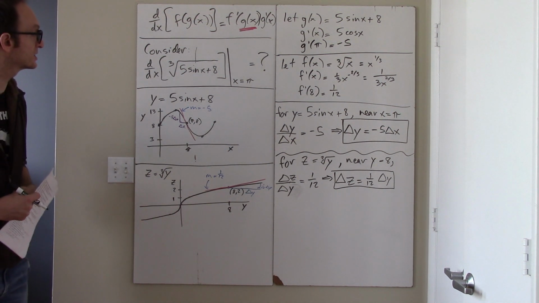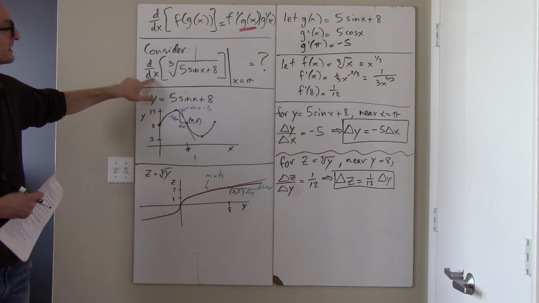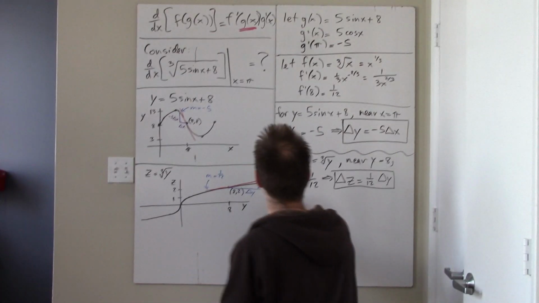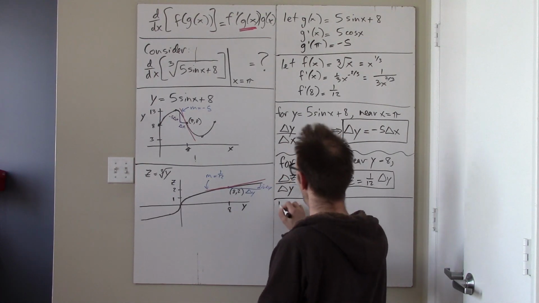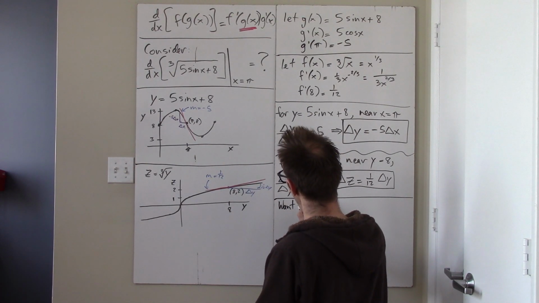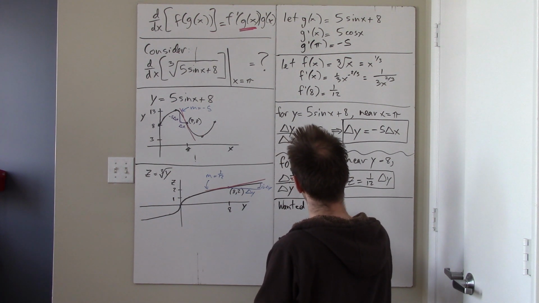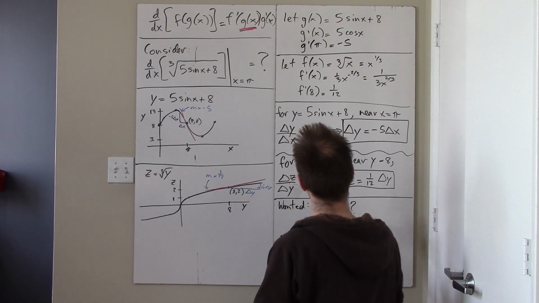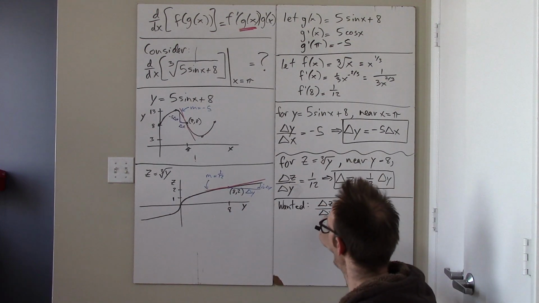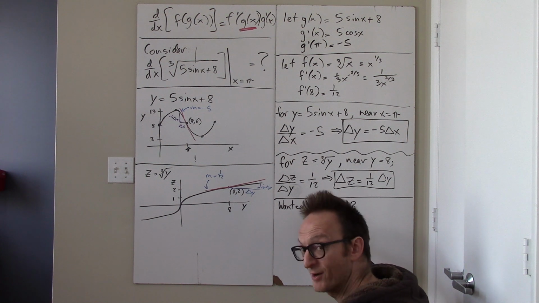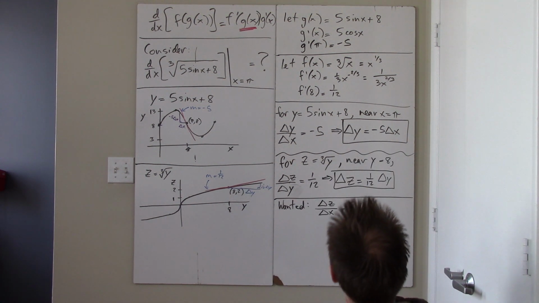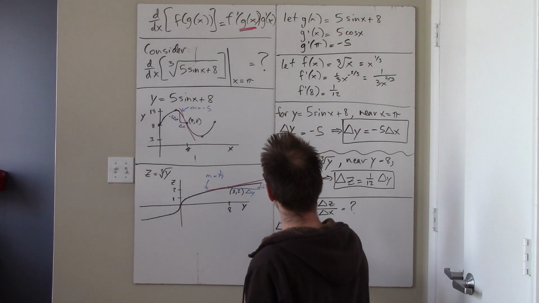We're answering the question: if you change x a tiny bit, what happens to the overall function? In other words, the very thing I wanted was to know what is delta z over delta x. This is the question I set out to answer 10 minutes ago. If you change x by a tiny bit, how does the entire function respond? And the answer now is obvious, because I can just compute delta z.